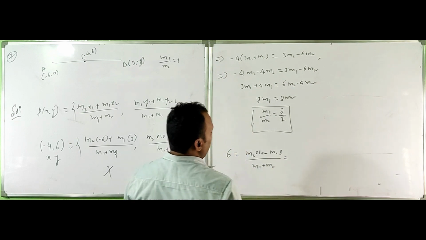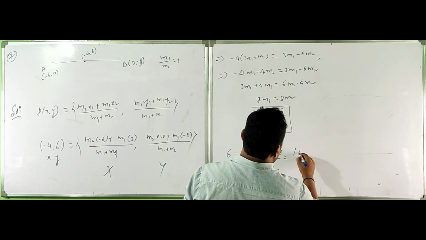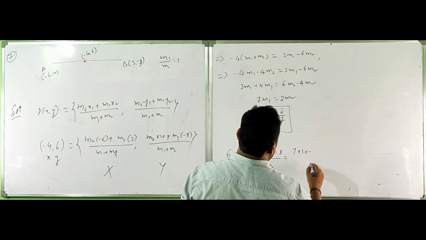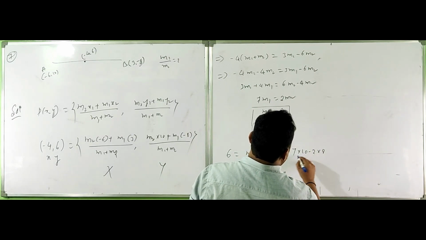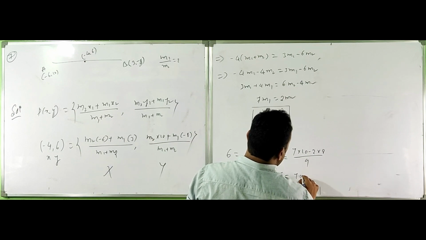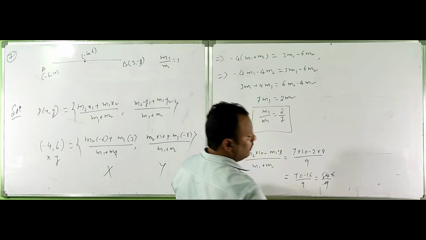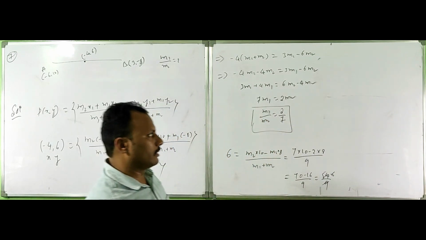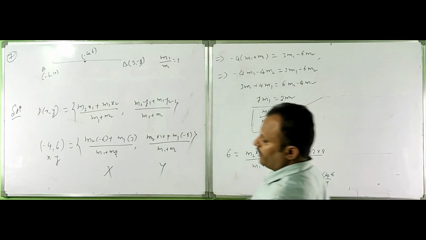This is equal to, with m2 as 7 and m1 as 2, 7 into 10 minus 2 into 8, divided by 9. This becomes 70 minus 16, which is 54 by 9, which is 6. We are getting the verification. Therefore, this is the answer.